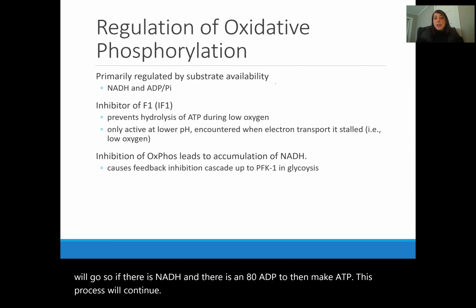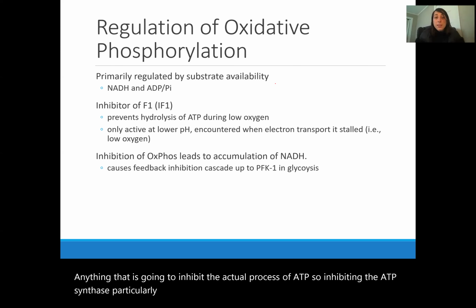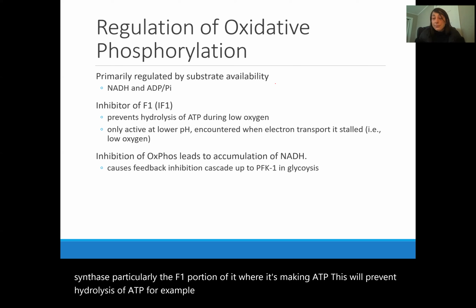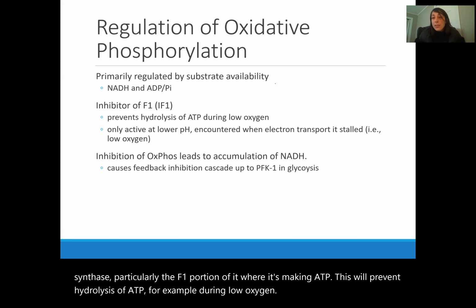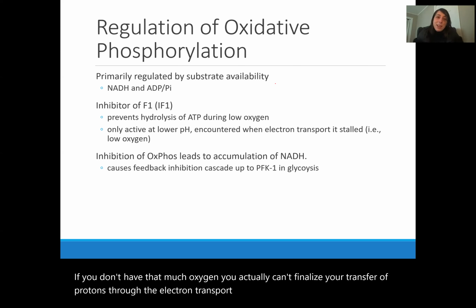Anything that is going to inhibit the actual process of making ATP, so inhibiting the ATP synthase, particularly the F1 portion of it where it's making ATP, will prevent it, for example, during low oxygen. If you don't have that much oxygen, you can't finalize your transfer of protons through the electron transport chain, and thus you can't finalize making ATP.